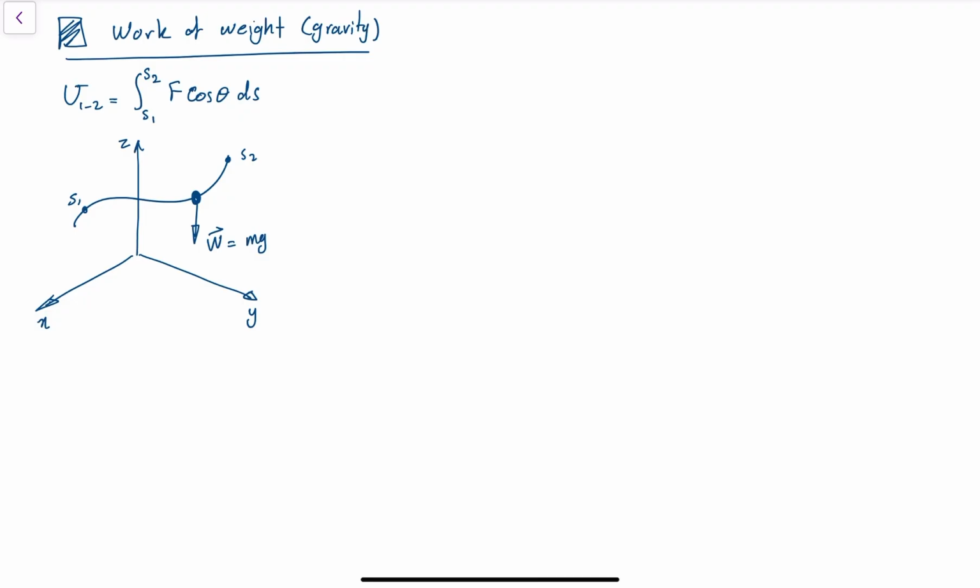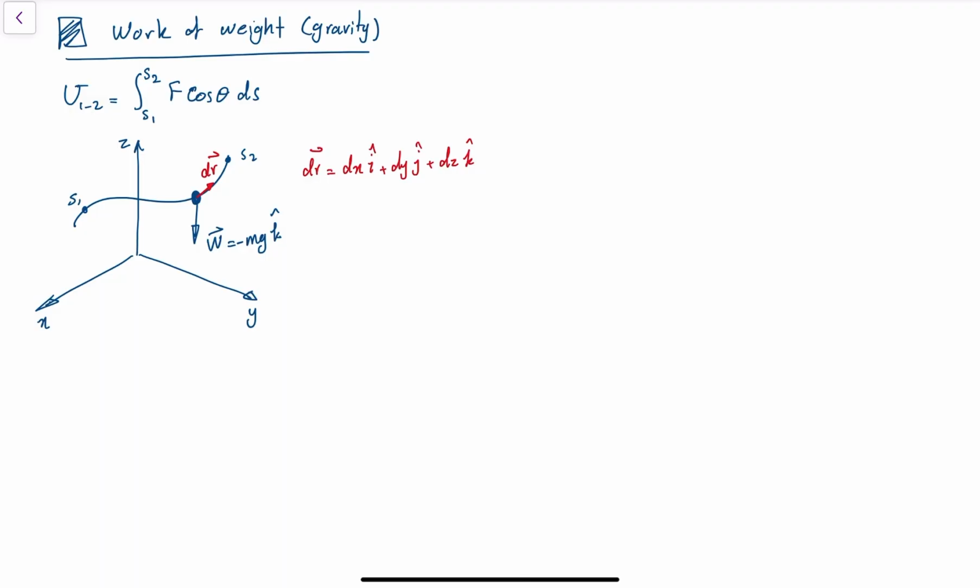Now what I can do is write the force vector as minus mg in the k direction. And if I have a small displacement, call it dr, I can write dr as some displacement along x in the i direction, plus some displacement along y in the j direction, plus some displacement along z in the k direction.